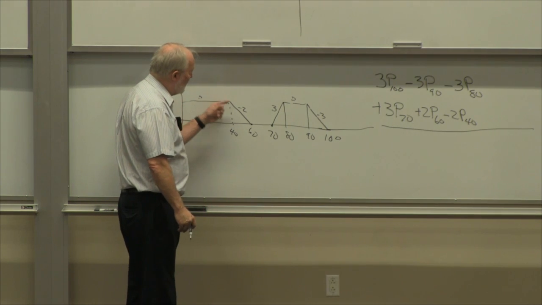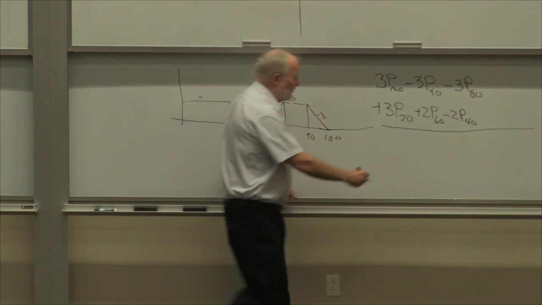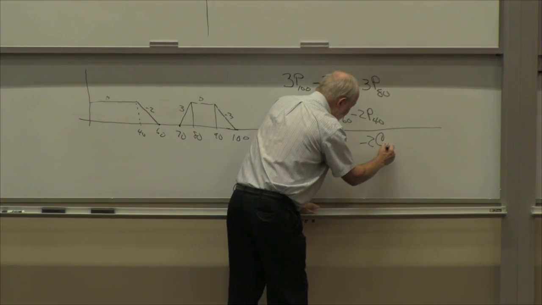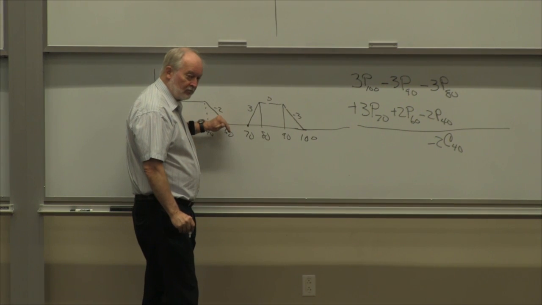Everything's fine until I get here. I want to go down 2. So I want to have minus 2 calls at 40, to have a slope down here. Everybody with me on that?